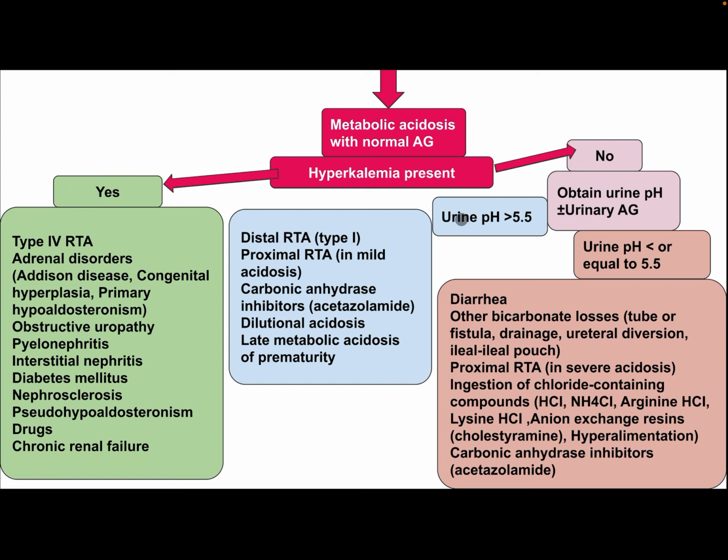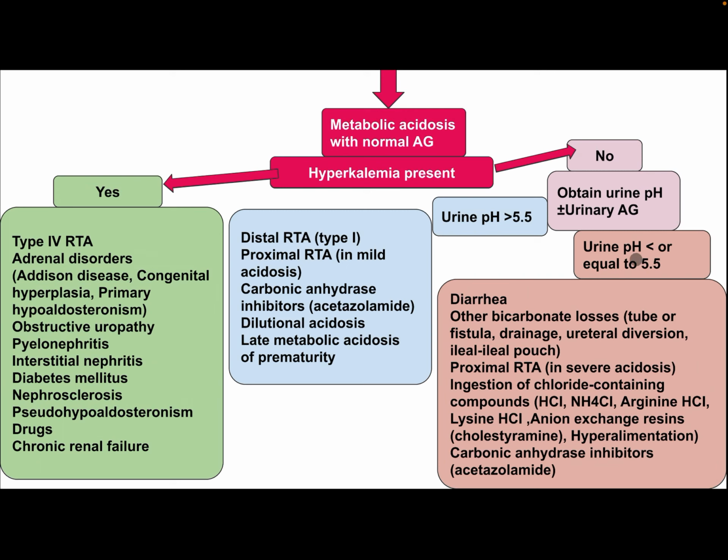If the urine pH is more than 5.5, differential diagnosis: distal RTA type 1, proximal RTA in mild acidosis, carbonic anhydrase inhibitor, acetazolamide, dilutional acidosis, late metabolic acidosis of prematurity.